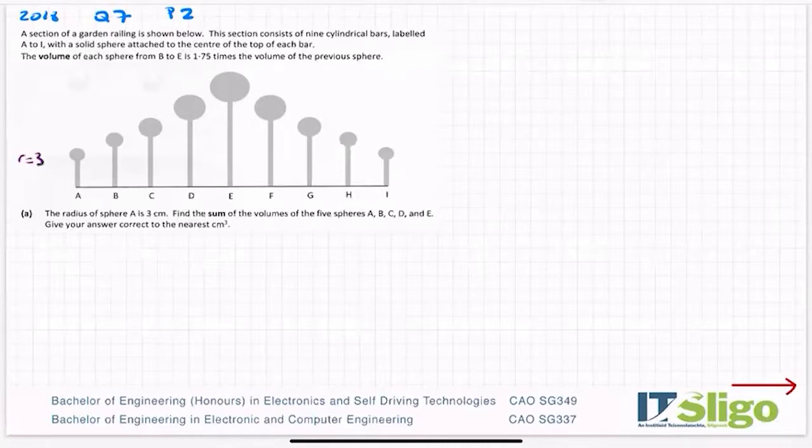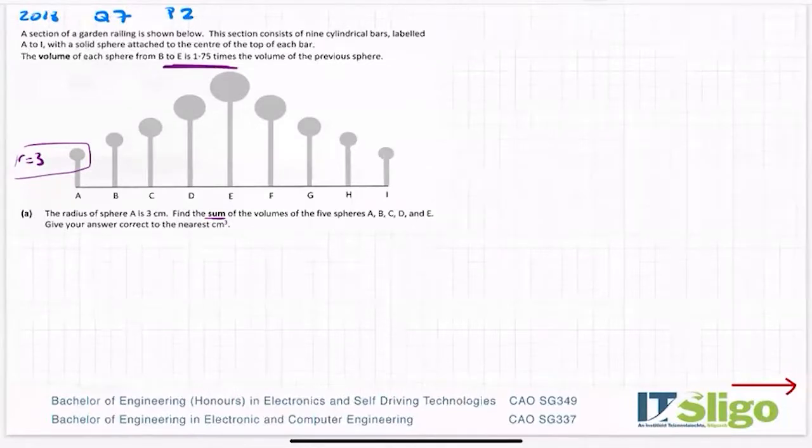So the radius of that one is 3. Find the sum of the volumes of the spheres A, B, C, D, E. Give your answer correct to the nearest centimetres cubed. So the first thing to note here is that the volume of one is a ratio of the other.